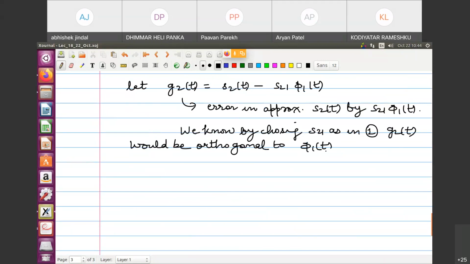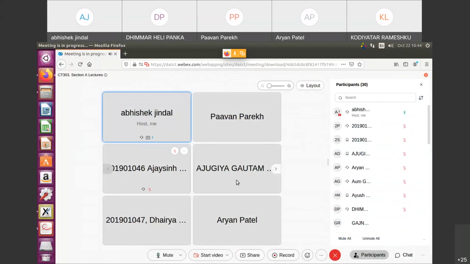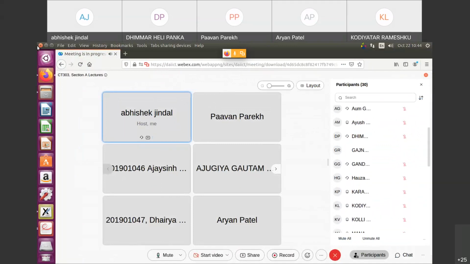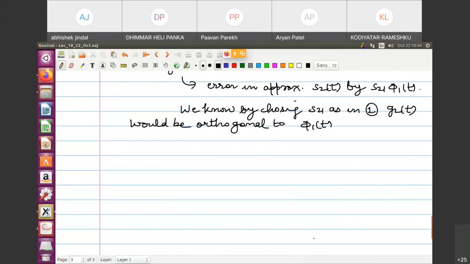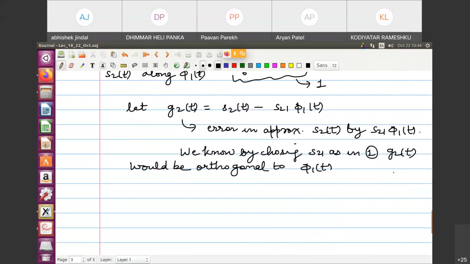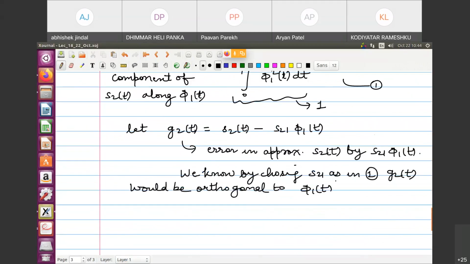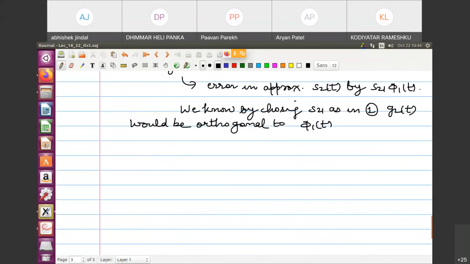So this we know; I think this we have already studied. So we have created at least a second signal which is now orthogonal to phi 1(t). Now what remains is we need to scale it so that the energy is 1.